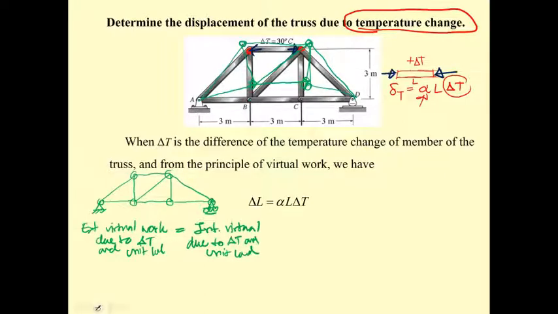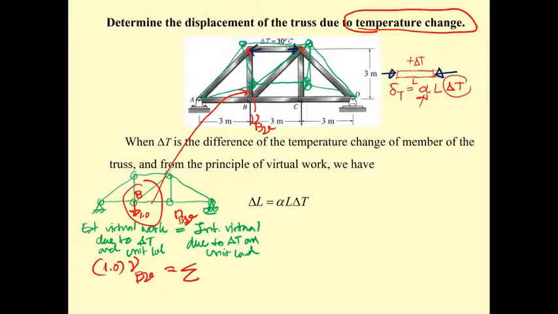What we have is we're going to put the 1 unit load at point B. Now this 1 unit is going to times the vertical deflection at B, so this is going to be the assumed load times the real deflection, which is going to be equal to the summation of n sub v, the force this will produce inside the member, and it's going to have the deformation that occurs here.